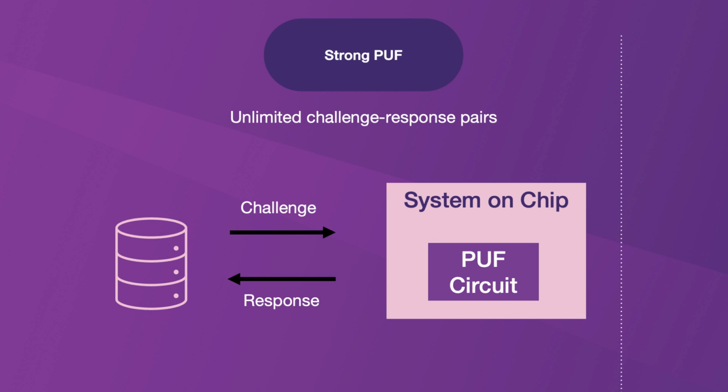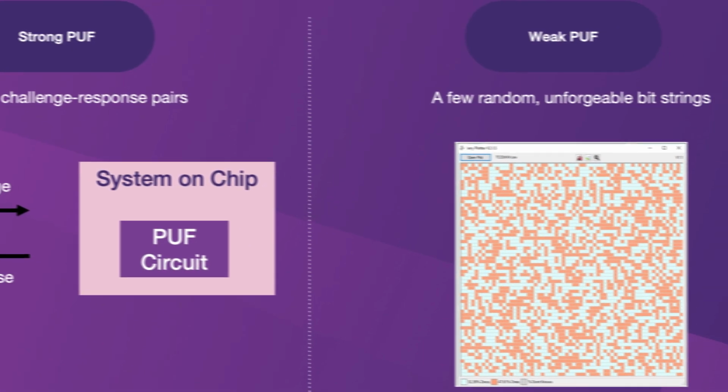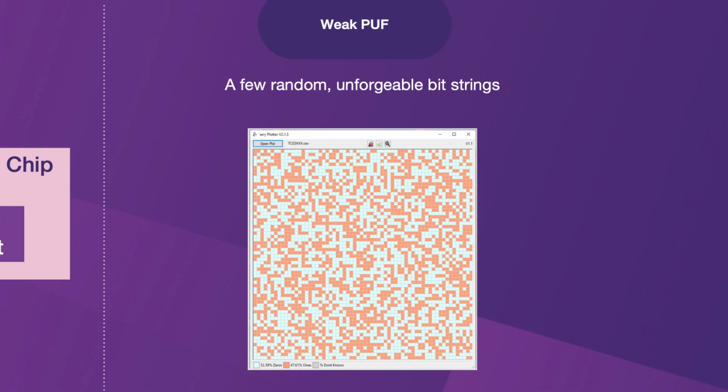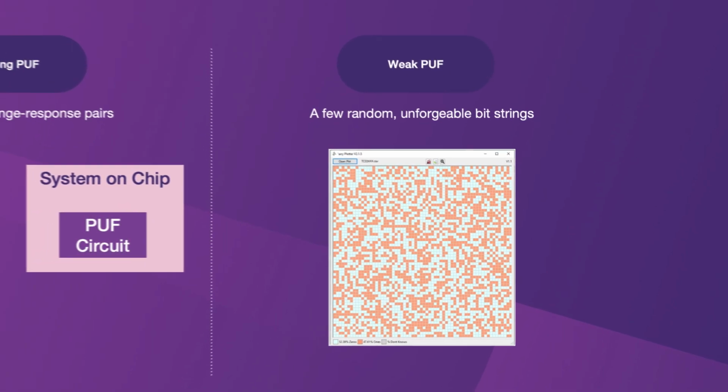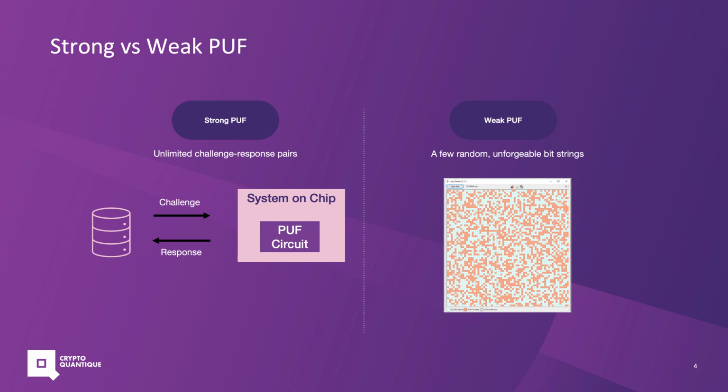The idea with a strong PUF is you could have an unlimited number of challenge responses. You give it a challenge and get the same response every time, and you could use that to generate your keys or your seeds. The other model is a weak PUF, where you have a subset of bits and you generate random keys from that. You can use the whole string, or divide it up and use a subsection of that random string to generate different keys.